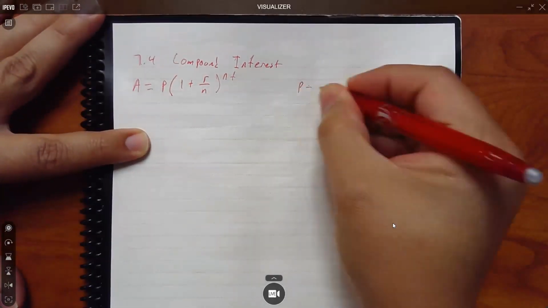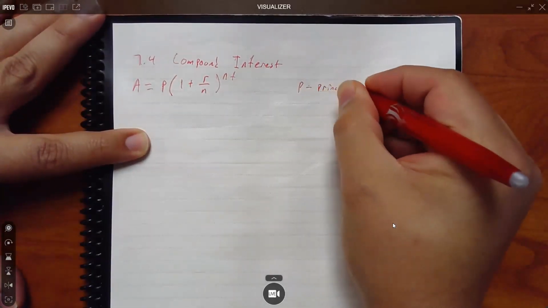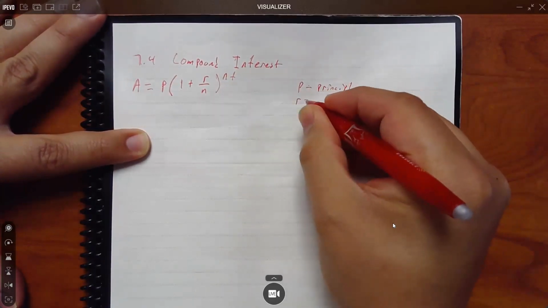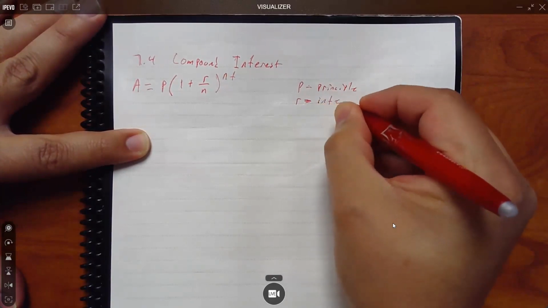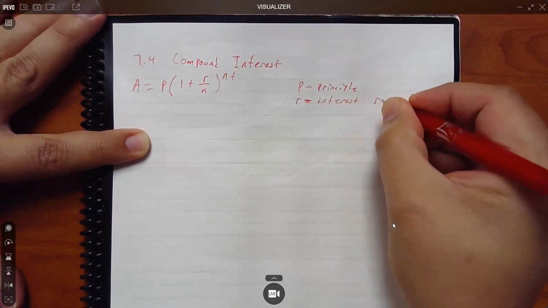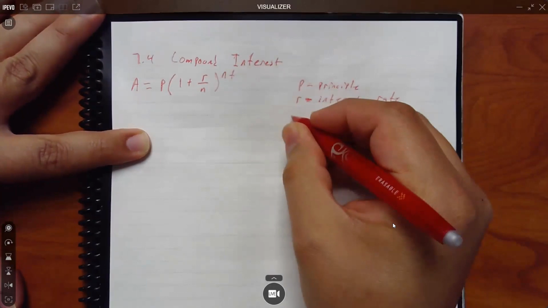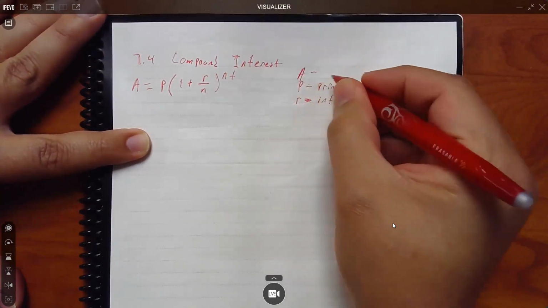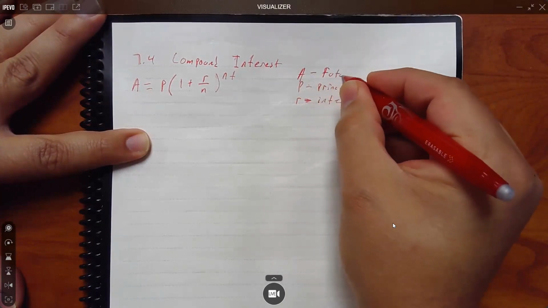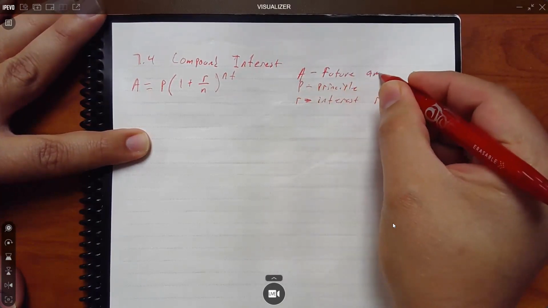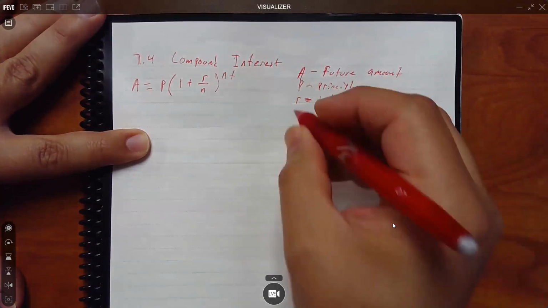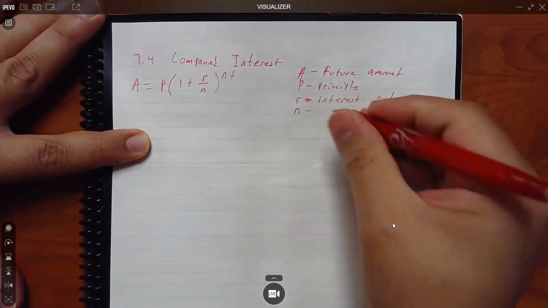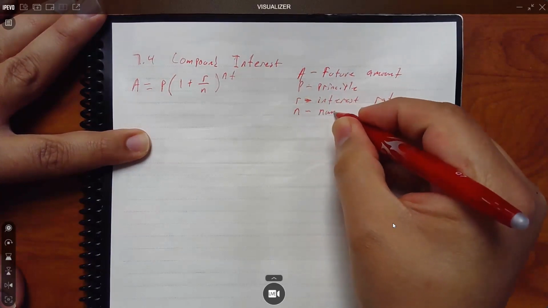P is still principal. R is the interest rate. A is the future amount. N is the number of times you compound per year.